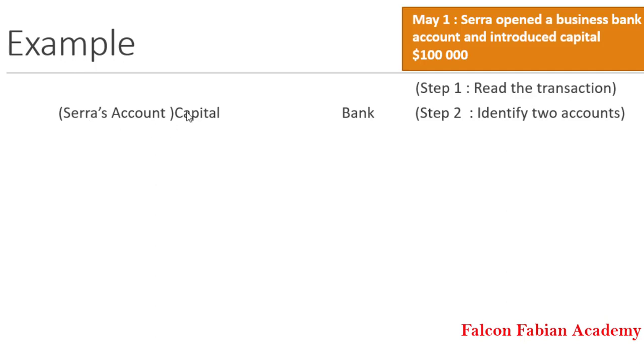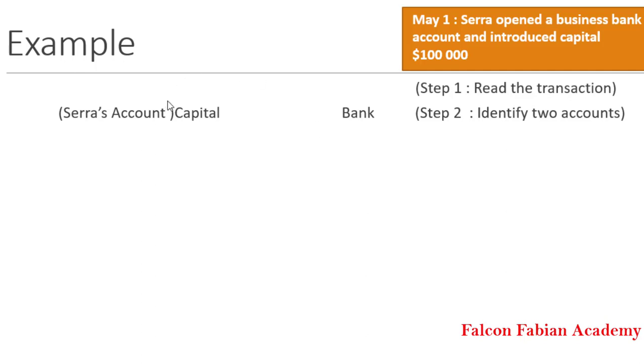And she has given money to the business, or she has invested money in the business. And where did she put this money? She has deposited this money into the business bank account. So step 1 was to read the transaction, and step 2 is to identify the two accounts. So we have identified the two accounts. First account is capital and second account is bank.